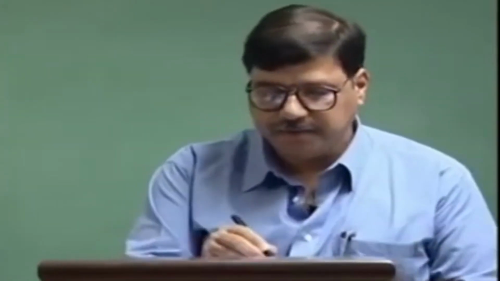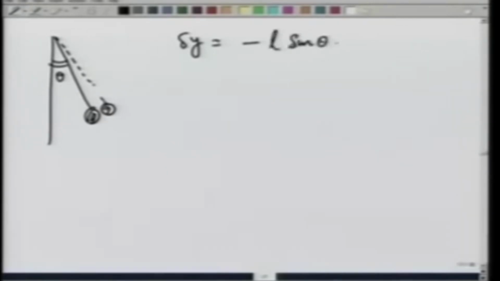So, the virtual work done is going to be, let me make the picture again, this is the bob at an angle theta. I change this to a virtual position theta plus delta theta, then delta y is moving up, minus L sin theta delta theta, delta x is L cosine theta delta theta.